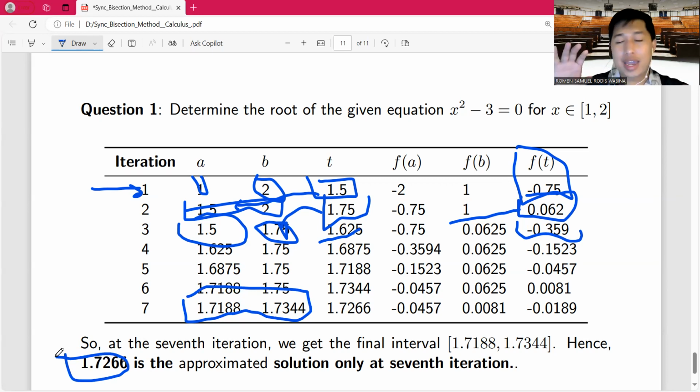But for the full calculation, since the value of f of t should be equal to 0, it has not reached convergence. For this example, it will only reach convergence at the 17th iteration or 20th iteration, if I may recall. But for this example, I only considered the 7th iteration.